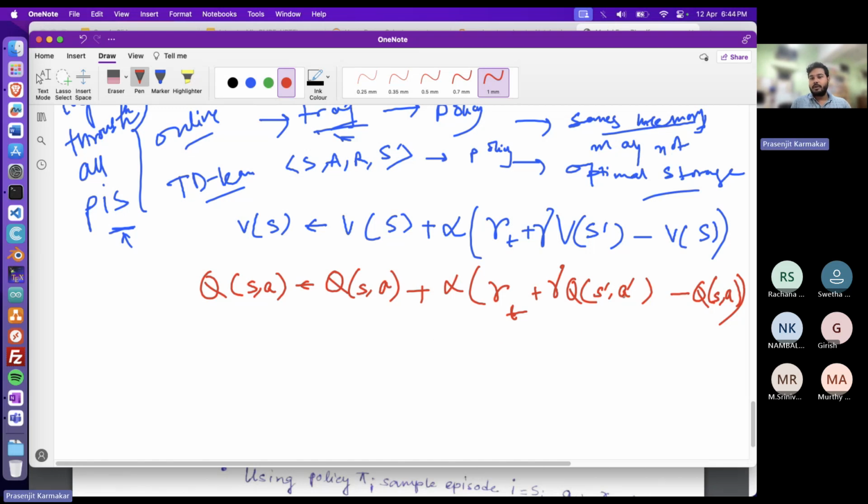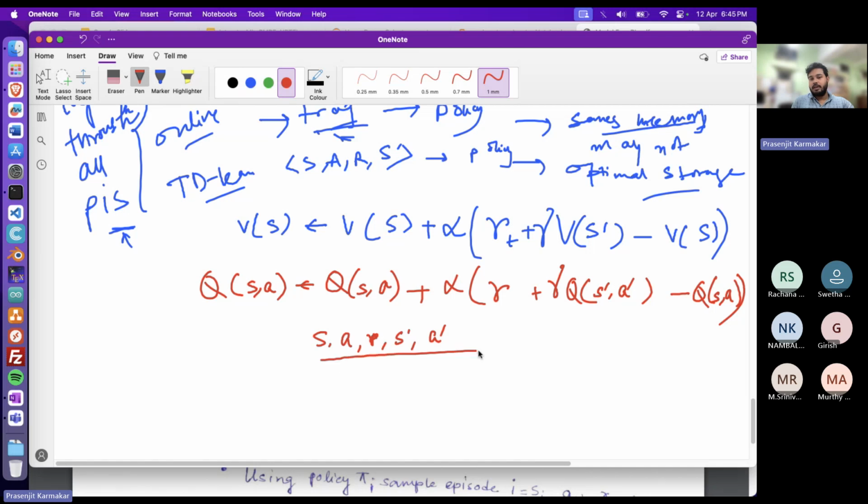Now see what tuple I need to update this. I need S, A, I need R, I need S prime, and let's not write R_t, it's just R because I have not written the time step here. And the last thing I need is A prime.